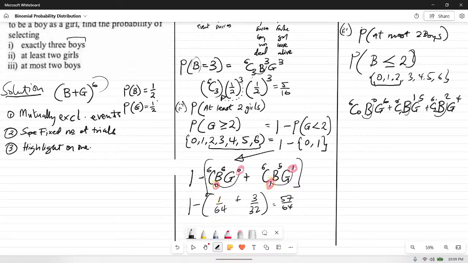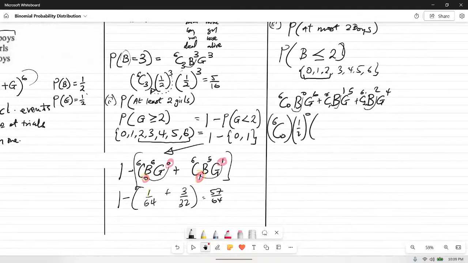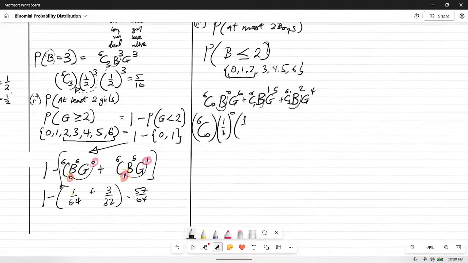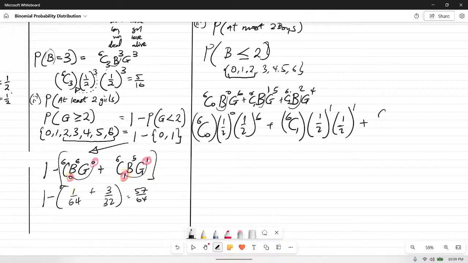Yes, also the focus. So 6 combination 0 half exponent 0 times half exponent 6, plus 6 combination 1 half exponent 1 times half exponent 5, plus 6 combination 2 half exponent 2 times half exponent 4. Then the rest is calculator.